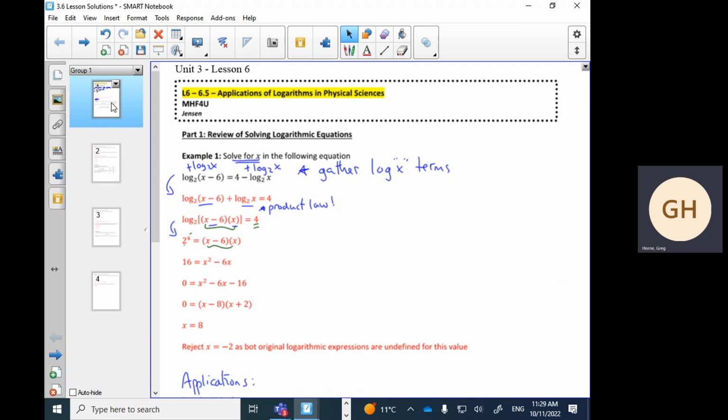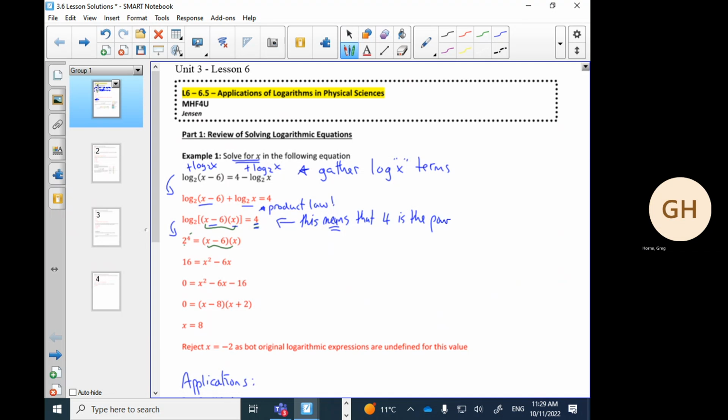Let me write that out as well. So this means that the 4 is equal to the power of 2 needed to write the argument, which is 6 times x, as a power of 2.